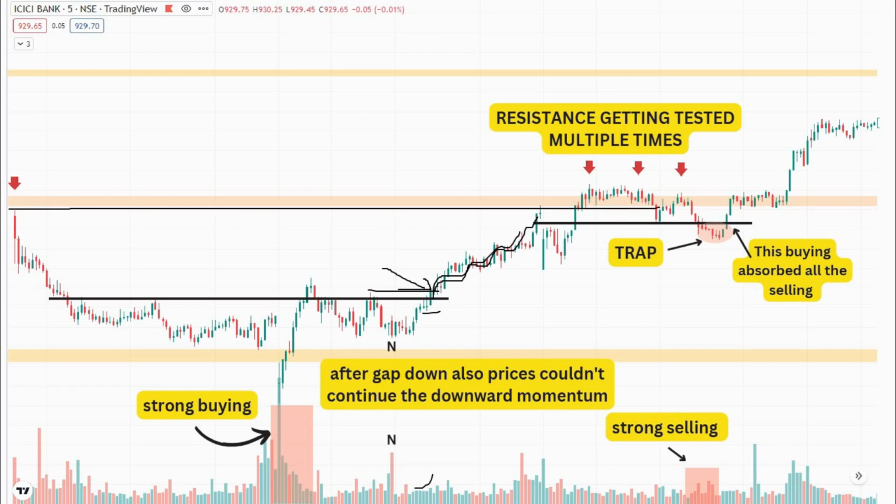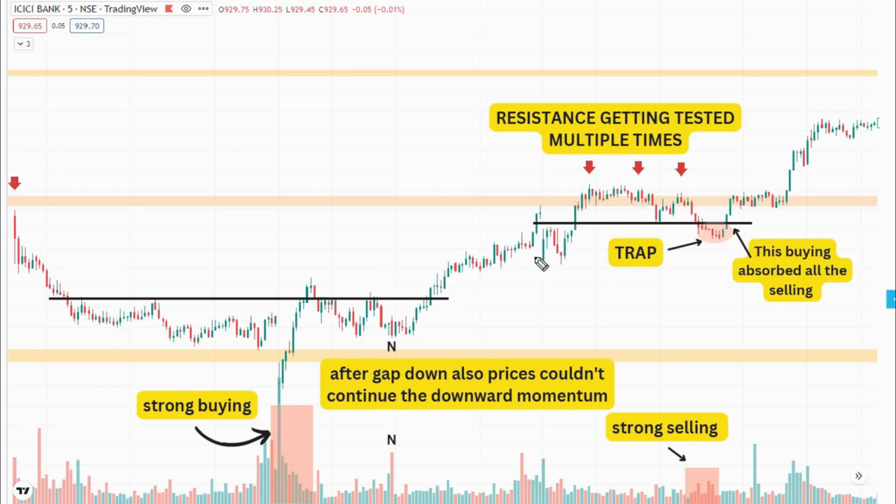Okay, now see, again market opened gap down, but again sellers couldn't break this level and continue the downward momentum. Again buyers pushed the prices towards the upside with increase in volume. With good volumes, sellers tried their level best to break this level and continue the downward momentum, but again buyers proved to be very strong.